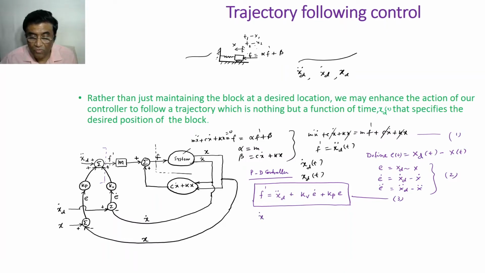So this is equal to f dot equal to this. Taking this here, then what you are going to get.